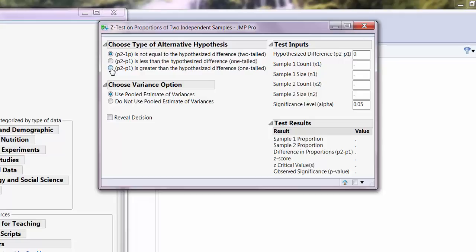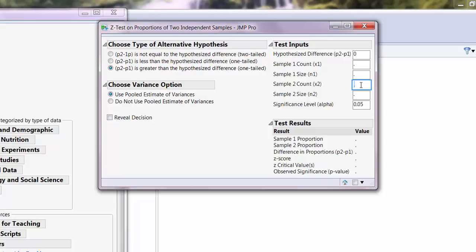So because of that, we're hypothesizing that there's going to be a positive difference when you do nicotine minus placebo. And as a result, the information for the nicotine lozenge group is actually going to be sample 2, right? We're doing nicotine minus placebo, and since JMP formats it as group 2 minus group 1, that makes nicotine lozenge my group 2.